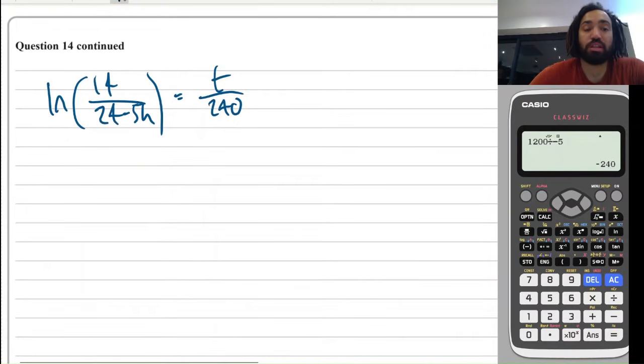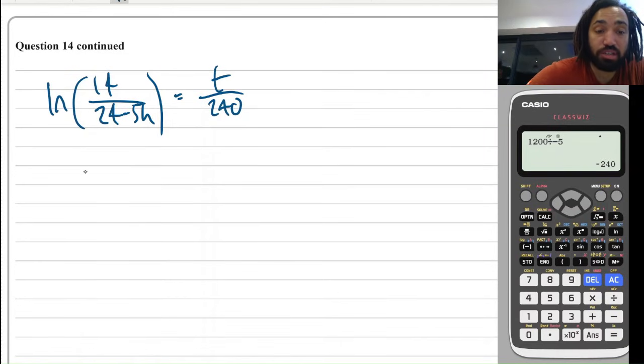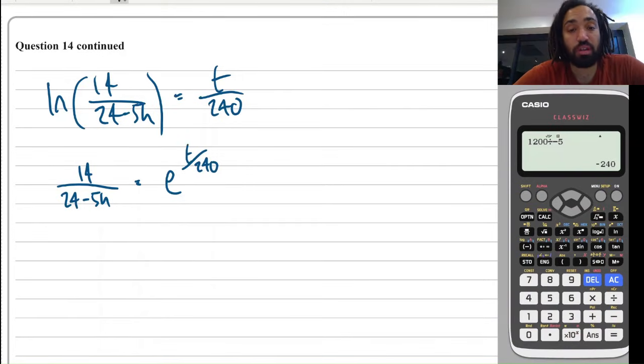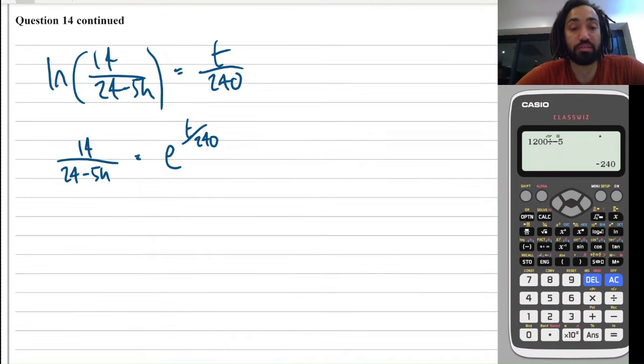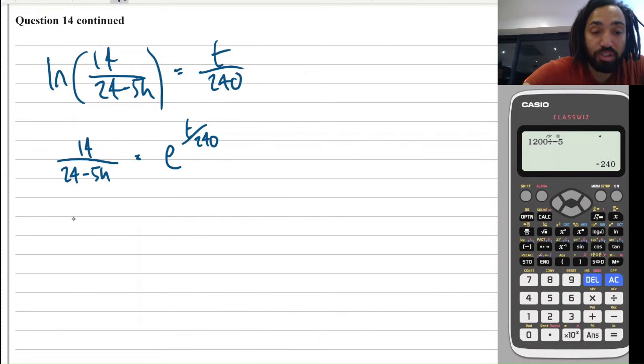Let's just make that a bit bigger there. And then I can take e of both sides to get 14 over 24 minus 5h is equal to e to the t over 240. And then I'm going to swap this fraction over. So I'm going to take the reciprocal of that fraction to get the h on top.